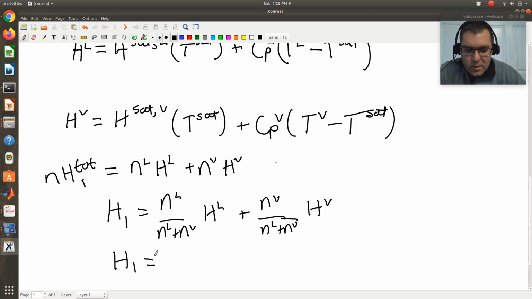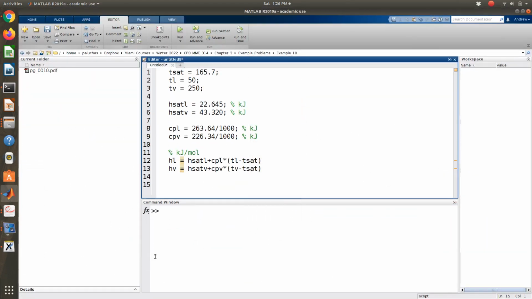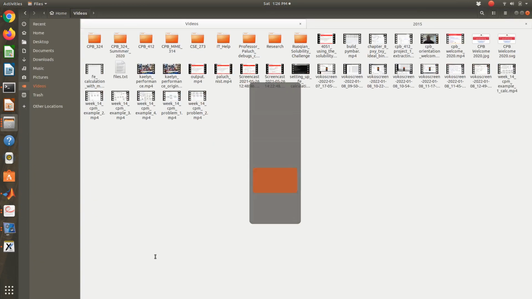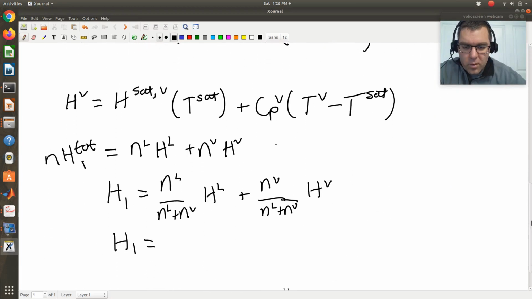Okay, so my initial enthalpy is equal to what? Well, let's see. Let me just have NL equal to 1, and NV equal to 2. All right, make sure I'm right. 1 and 2.